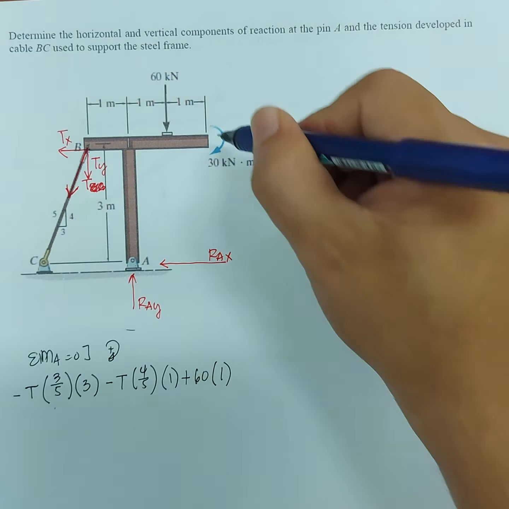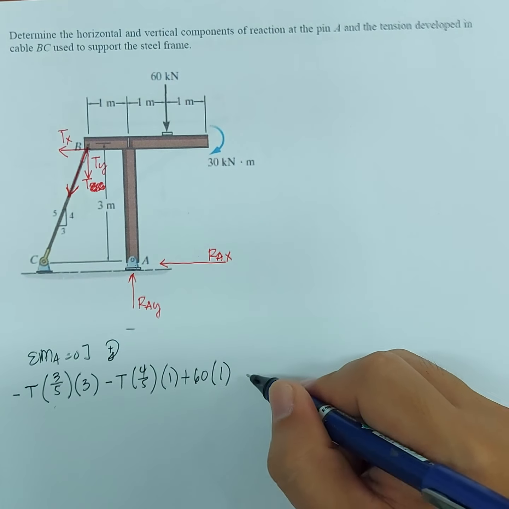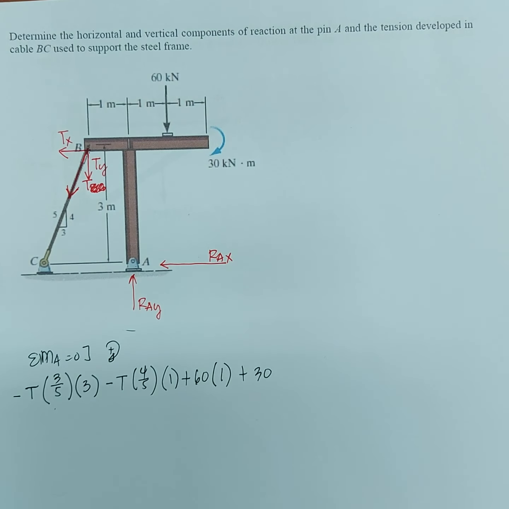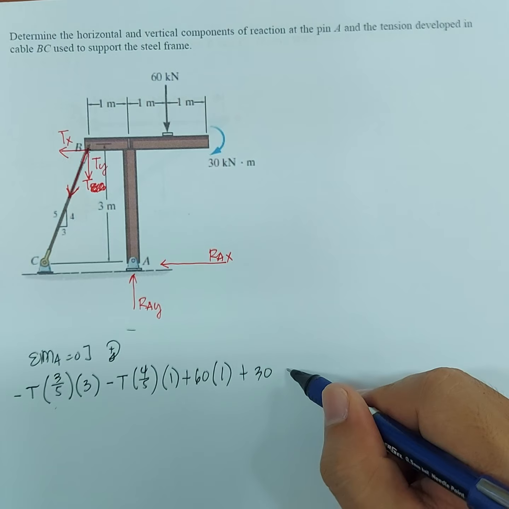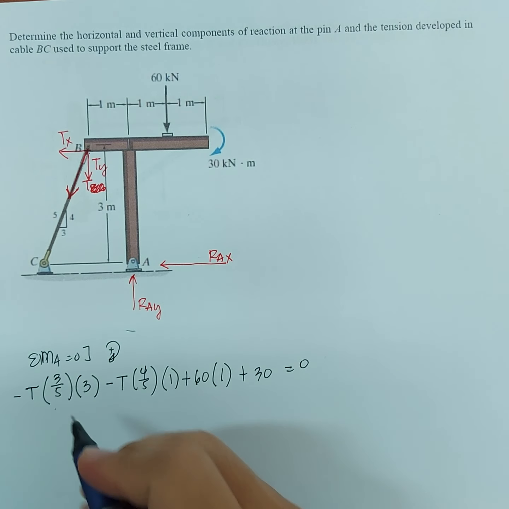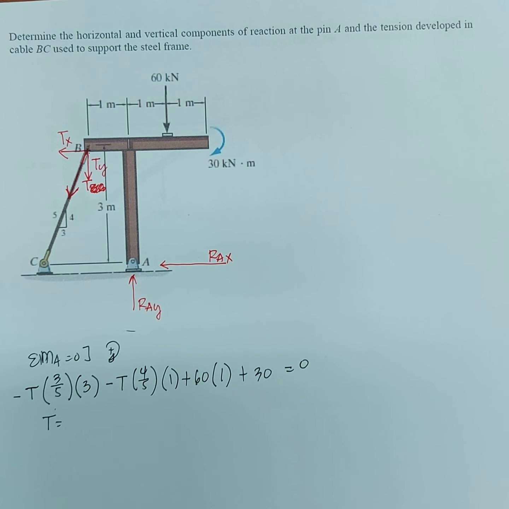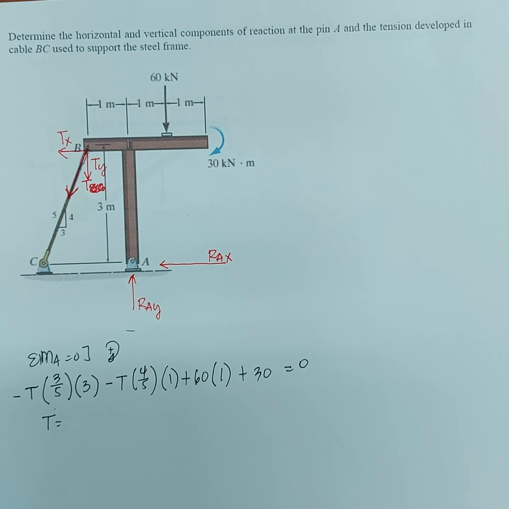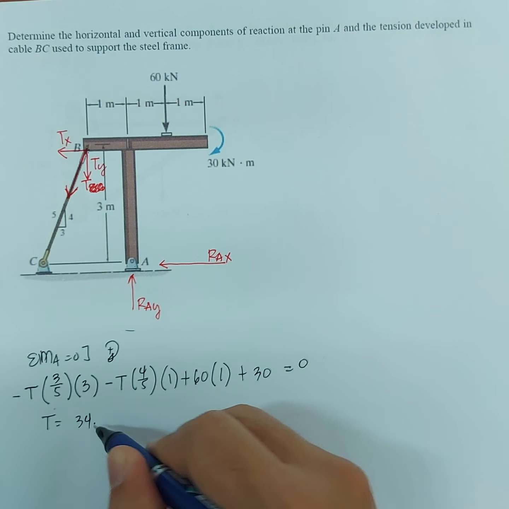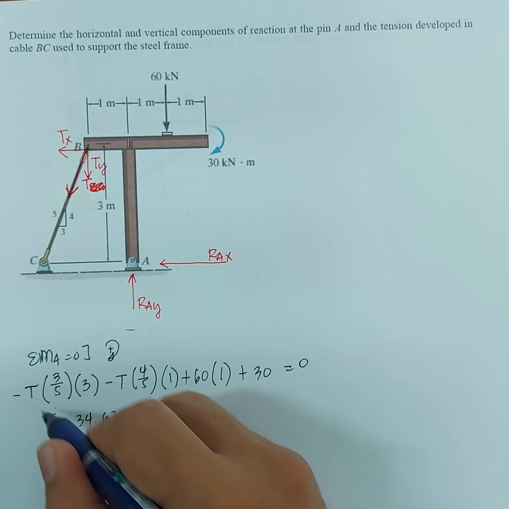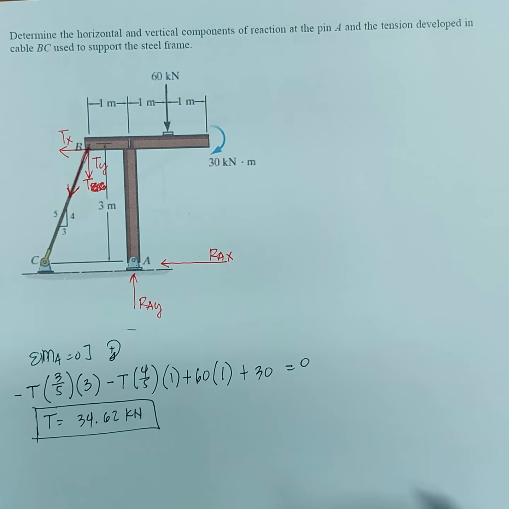And it is clockwise, so plus 30 kilonewton meter. Okay, if there's nothing else, we equate this to 0 so that we can solve for T here. So T is equal to 34.62 kilonewtons. Okay?